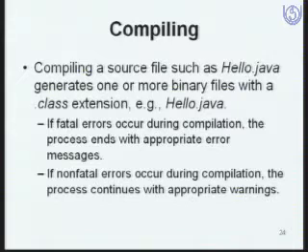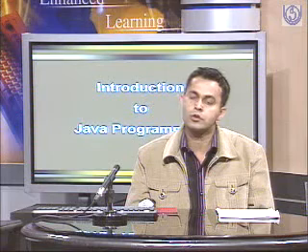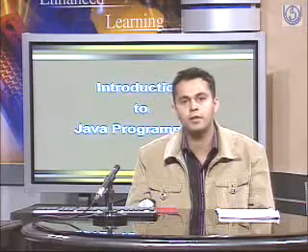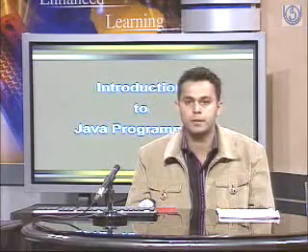First, if a fatal error occurs during compilation, the process ends with an appropriate error message that some error has happened. If a non-fatal error occurs during compilation, the process continues with an appropriate warning. So you can get a warning that something is wrong, but it is acceptable.